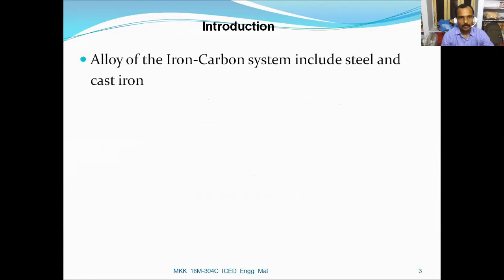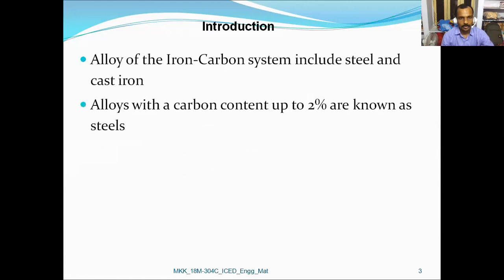The alloys of the iron carbon system include steel and cast iron. So let us see what happens by adding carbon content.